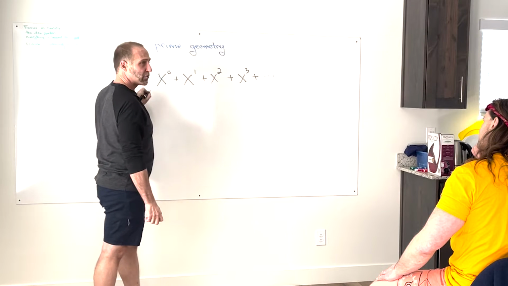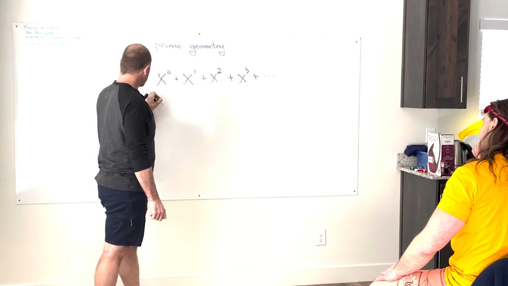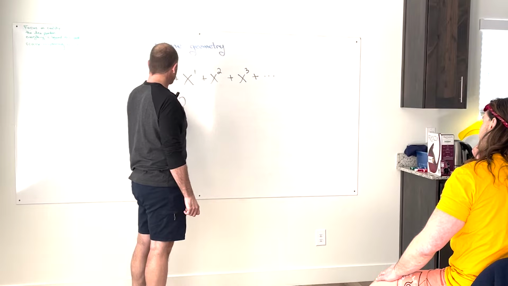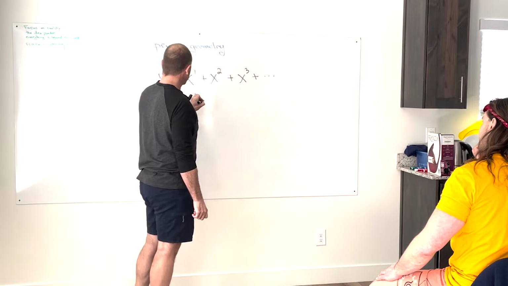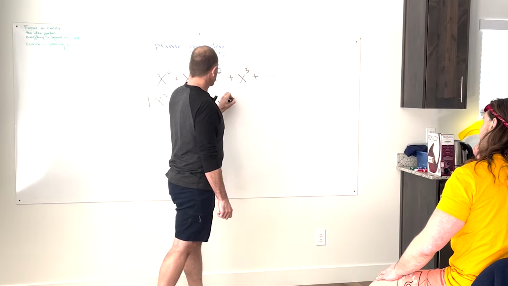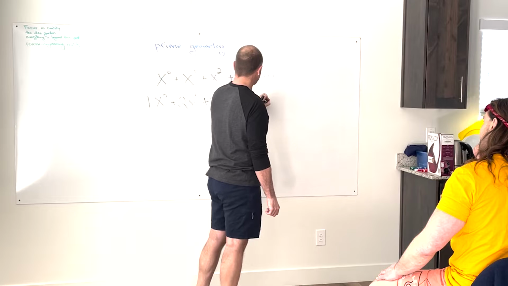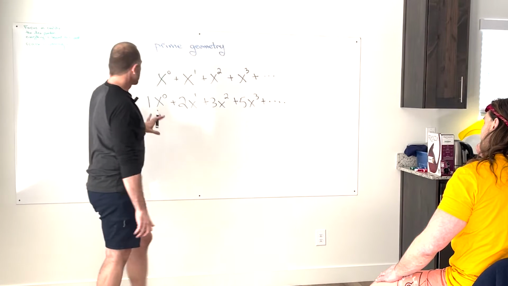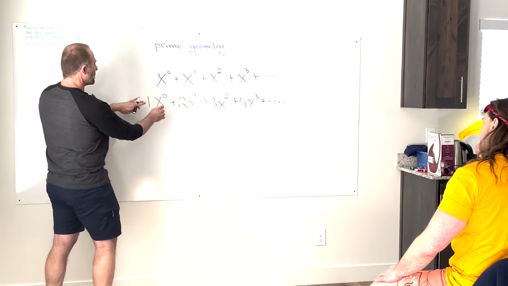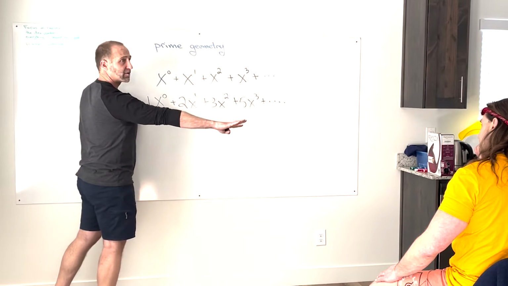The 0th prime we'll call 1: 1 x to the 0, plus the first prime, 2, x to the 1, plus the second prime, 3, x to the 2, plus the third prime, 5, x to the 3, and so on. So now we've set up our trivial factorization sequence to have coefficients that are the whole series of the primes.